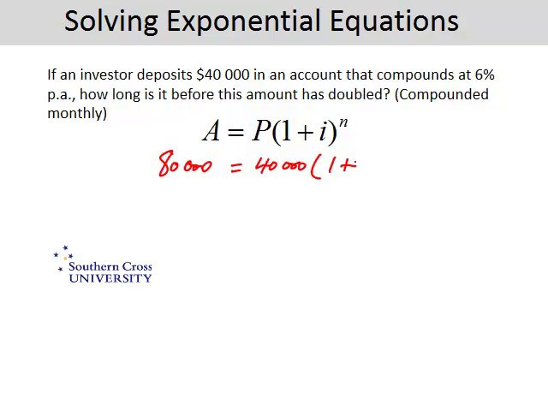It's 1 plus, now it's 6% per annum, so that 6 needs to be divided by 12 to get it to per month. So that's 0.5% per month, which as a decimal is 0.005.